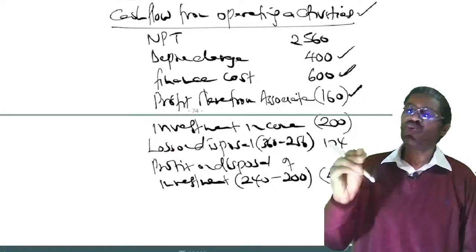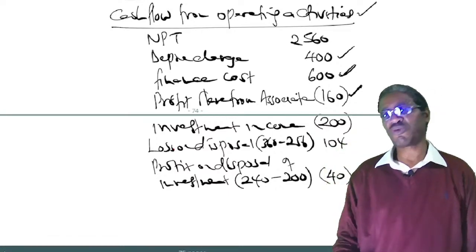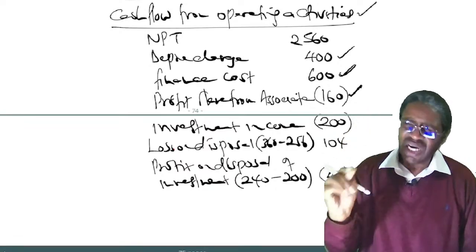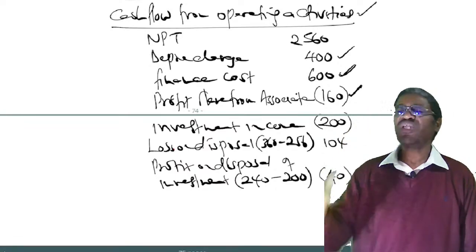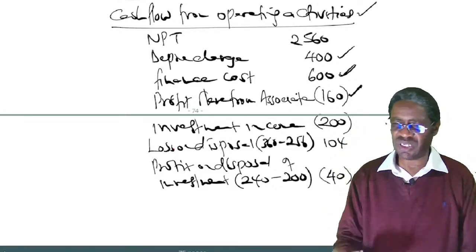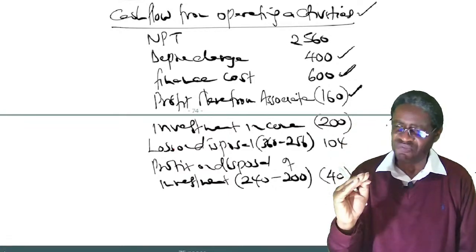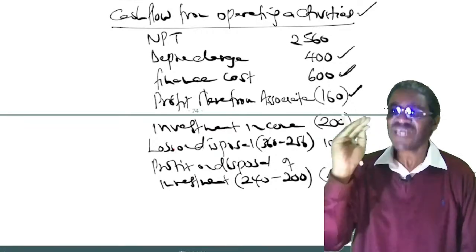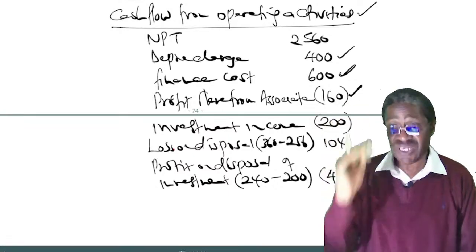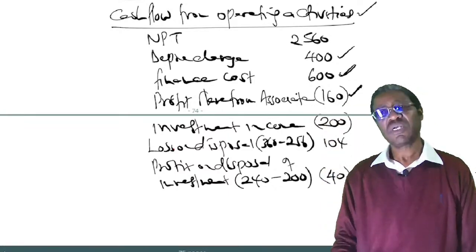But it was used to determine that profit before tax of 2560. But this income we are receiving from investment, when it comes to cash flows, where should it be classified? It should not be classified as an operating item. No. It should be classified as an investing activity item.